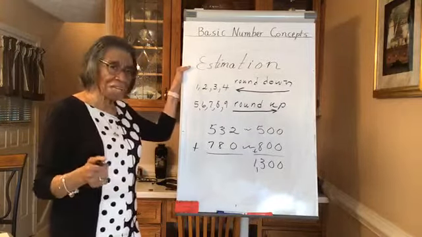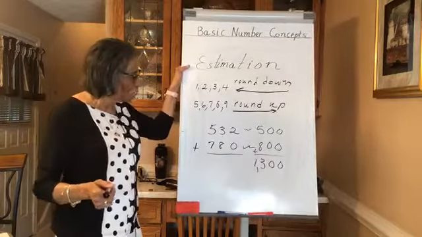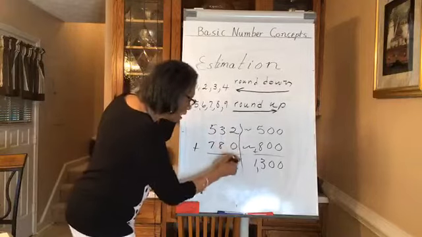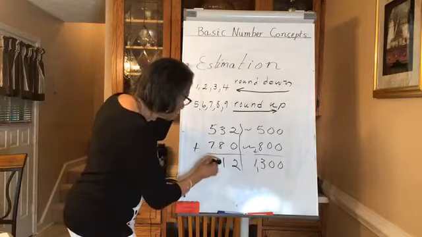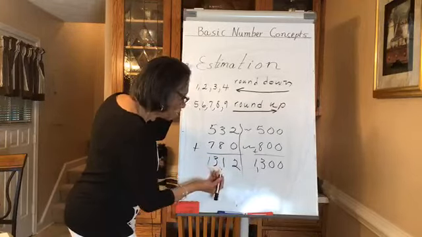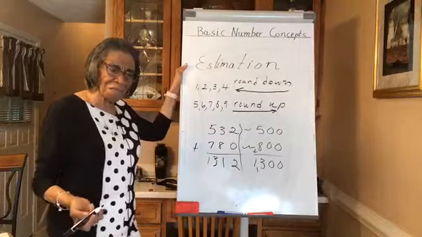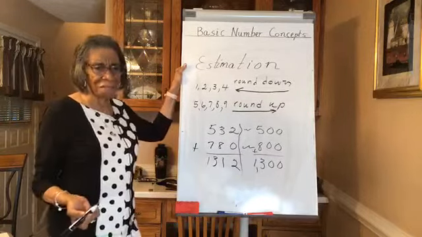Because sometimes we get a way off answer and it makes no sense. But we could determine that because when we actually add this, we get 2 and 8 is 10, 3 and 8 is 11, 5 and 7 are 12, so 13 hundreds. We see that's in the same ballpark. So that's a good method for checking your answers to see if it makes sense.